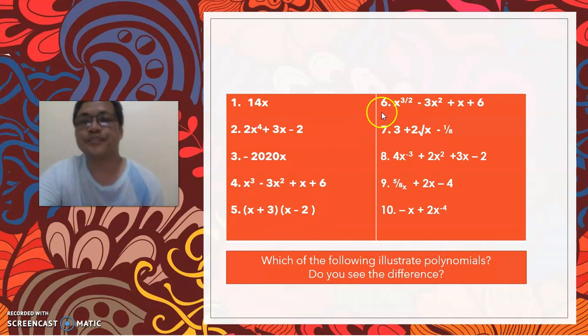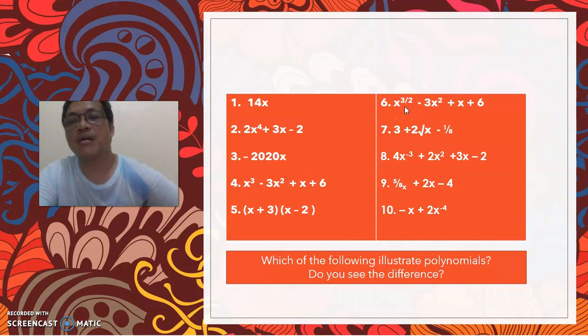Number 6, x to the exponent of 3 halves, minus 3x to the second power plus x plus 6. Number 7, 3 plus 2 square root of x minus 1/8.